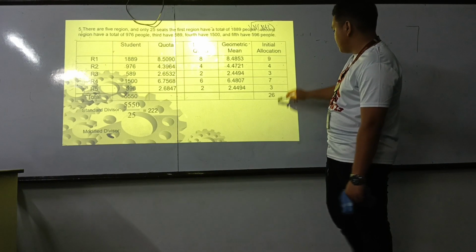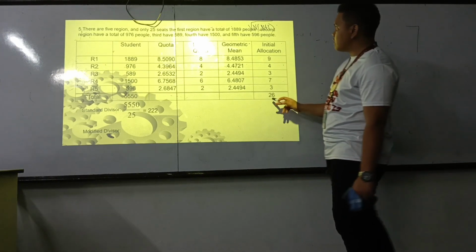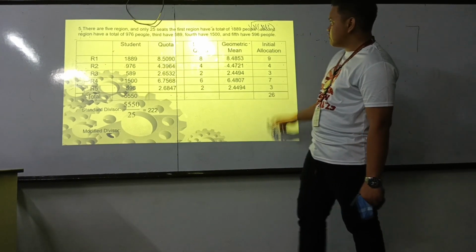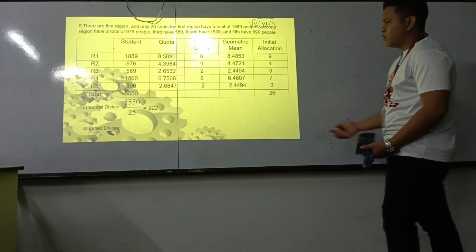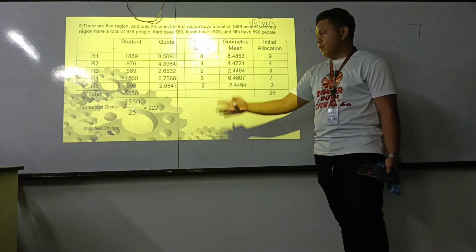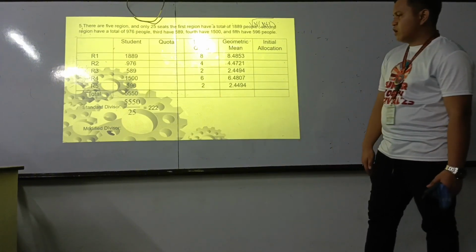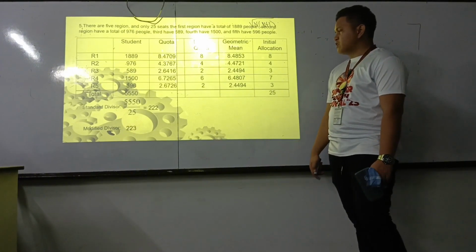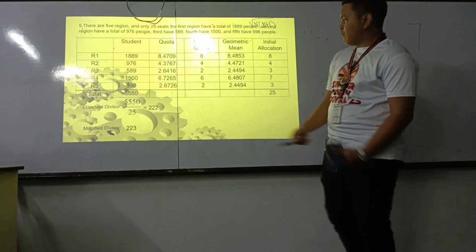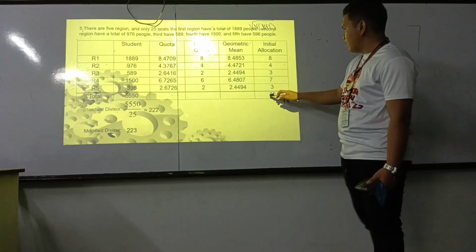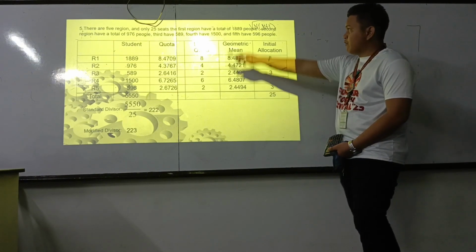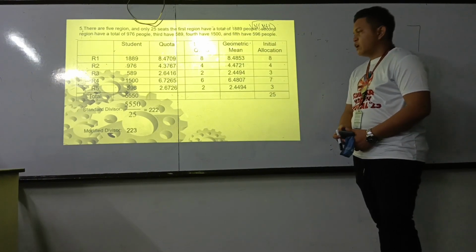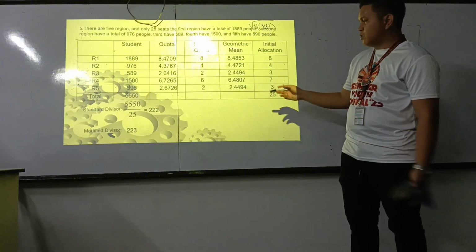And the total of them is 26. But as you can see, this is not the same as the seats given. So we have to find a modified divisor. So our modified divisor: if the initial allocation is higher than the given, let's increase the divisor.